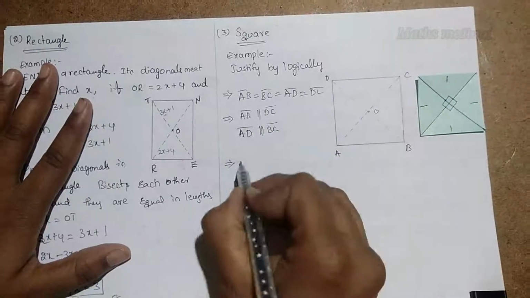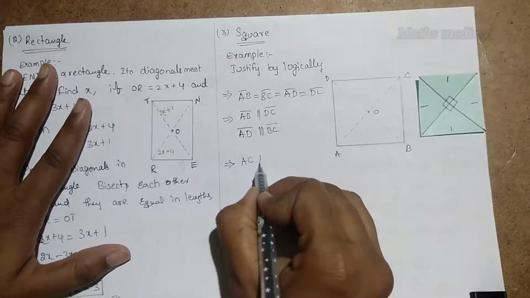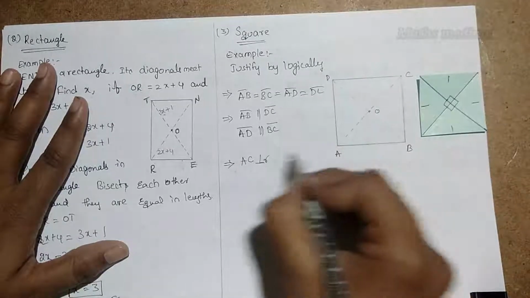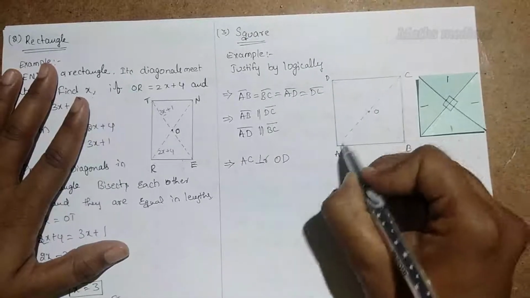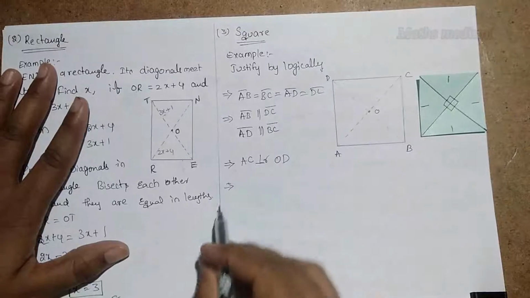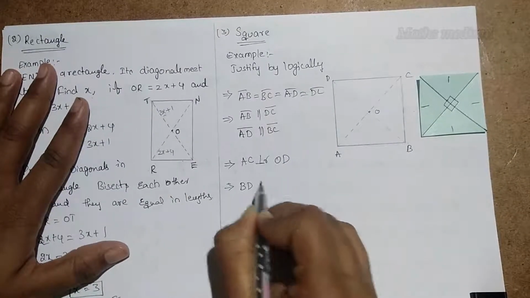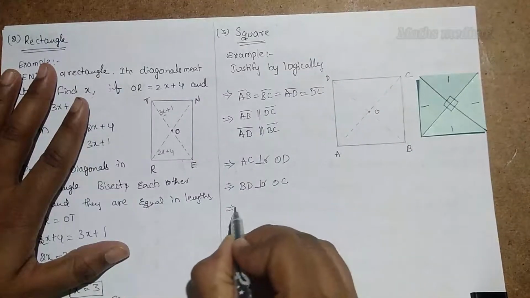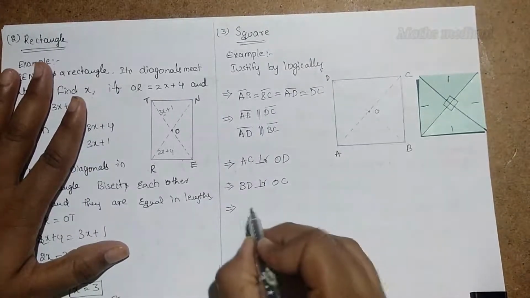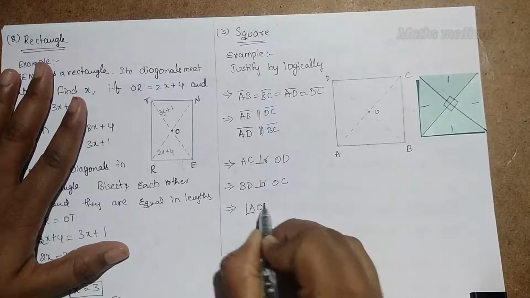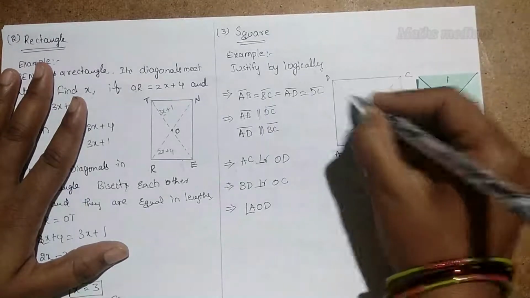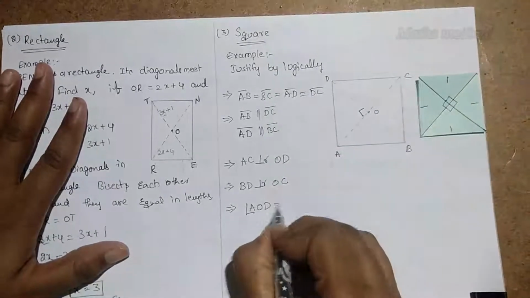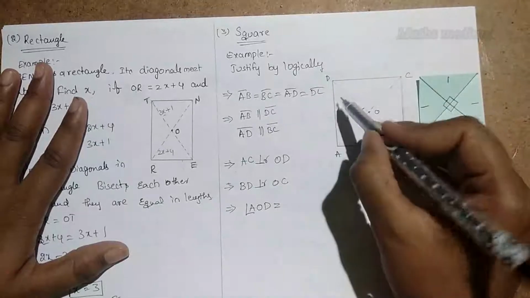Next, coming to the diagonals, AC is a perpendicular bisector to OD. See here. Similarly, BD is a perpendicular bisector to OC, like this. If you make an angle here, angle AOD, see here, angle AOD, that is nothing but 90 degrees, is equal to angle DOC.